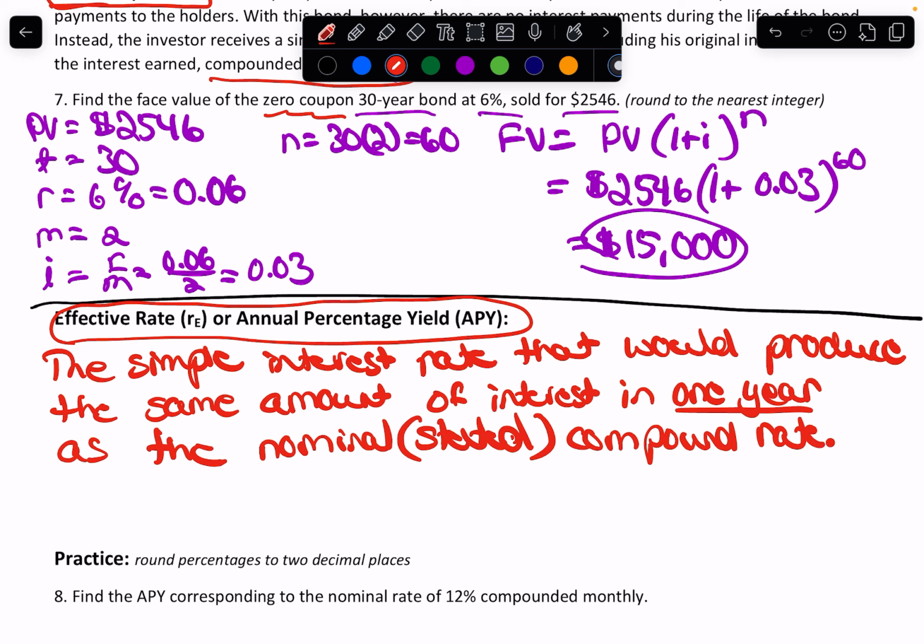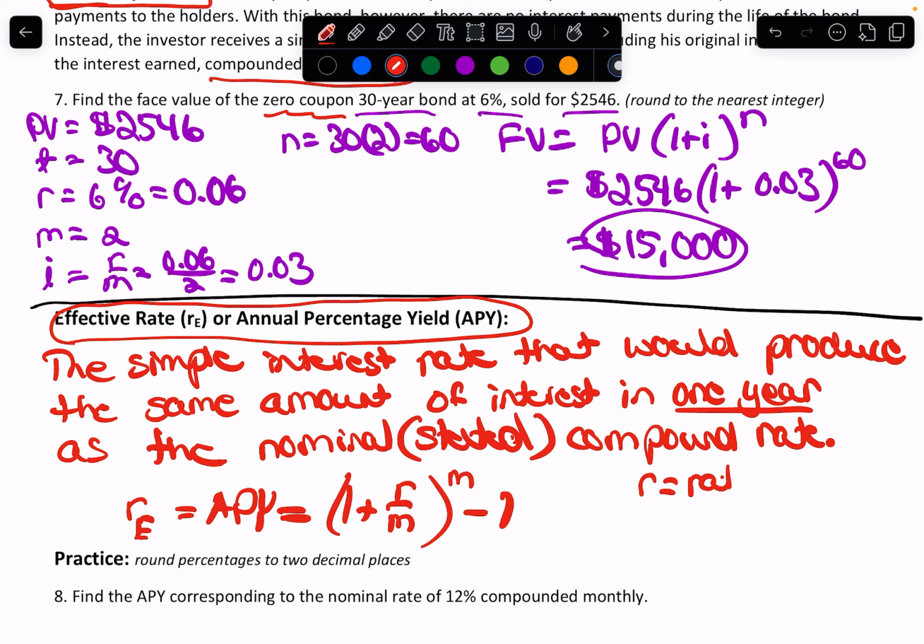So R with a subscript of capital E, which is the same thing as APY, is 1 plus R over M to the power of M, minus 1. R is the rate, M is the compounding periods in a year.